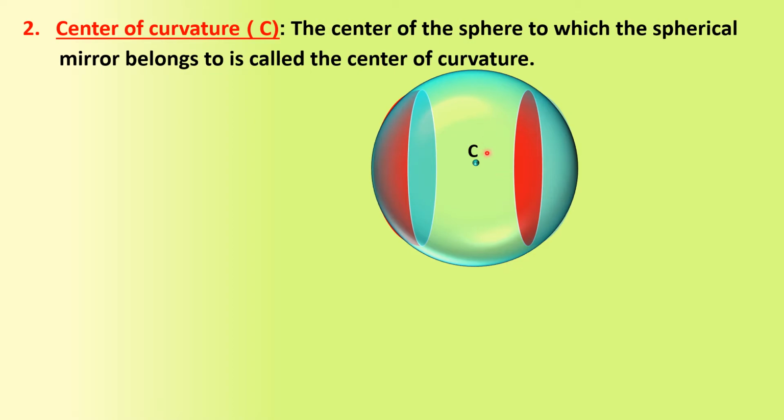So the center of this sphere is nothing but the center of curvature of both mirrors. If we take these parts out, we can see clearly this is the hollow sphere, and you can see this point is the center of the sphere. That center of the sphere itself is the center of curvature of the two mirrors.